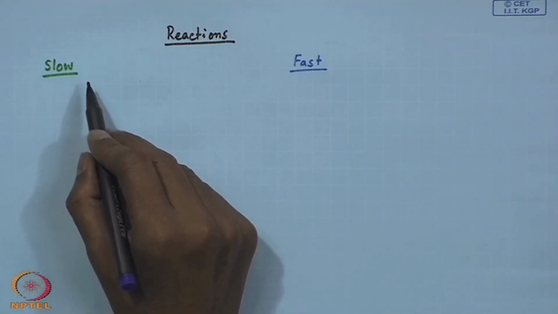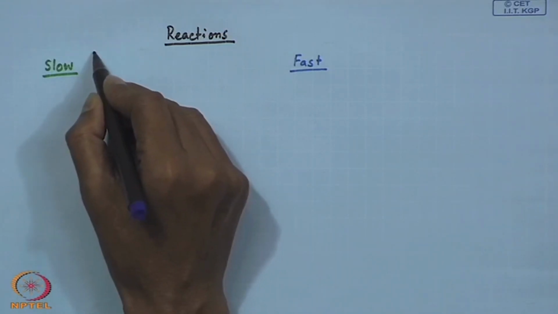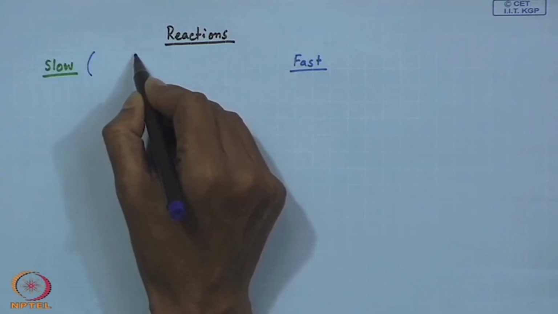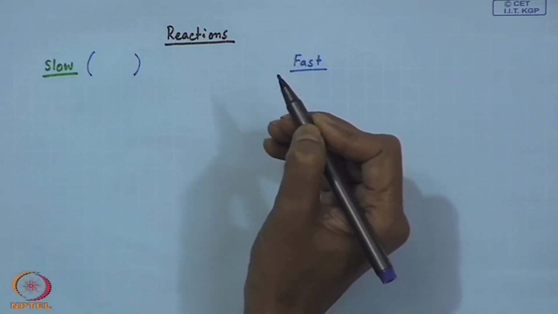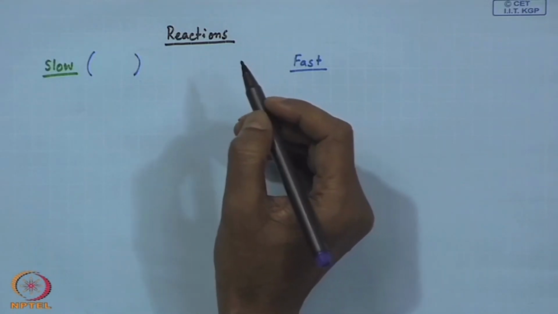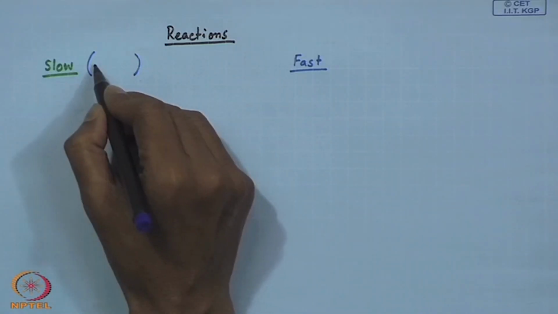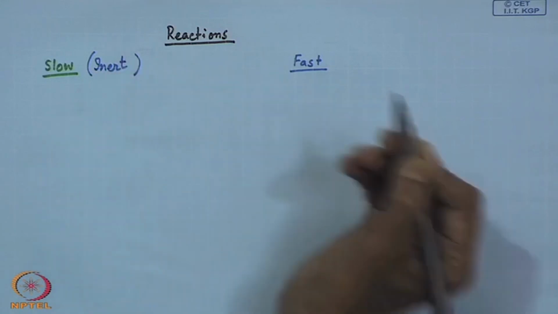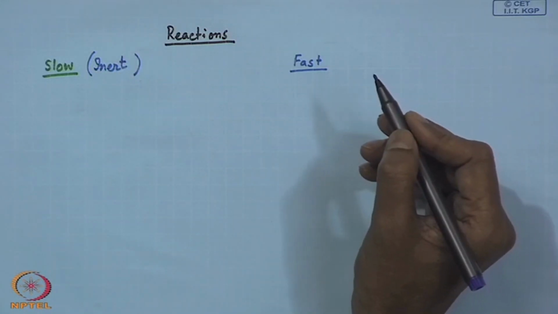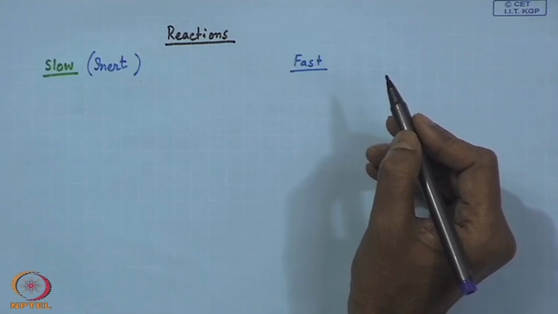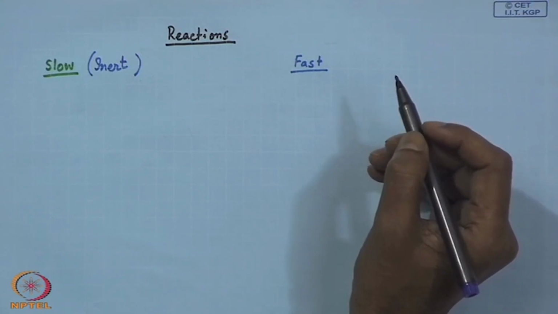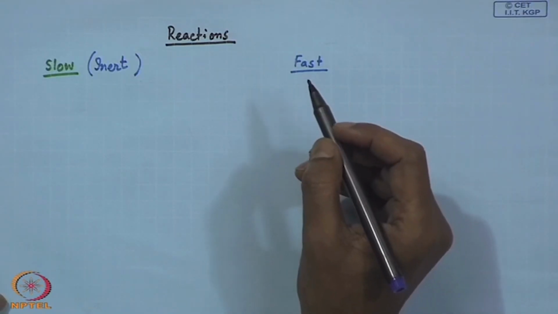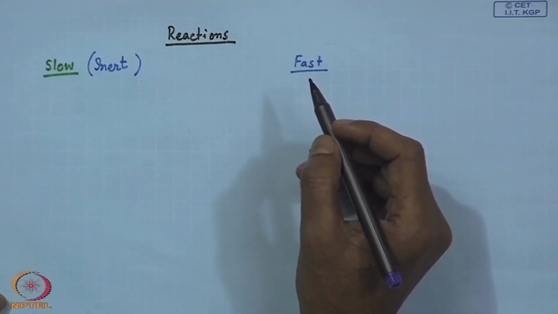When we have the slow reactions, we basically label the corresponding complexes participating in these slow reactions as inert complexes. These inert complexes definitely go for only slow kinetics, irrespective of their thermodynamic stability or instability.